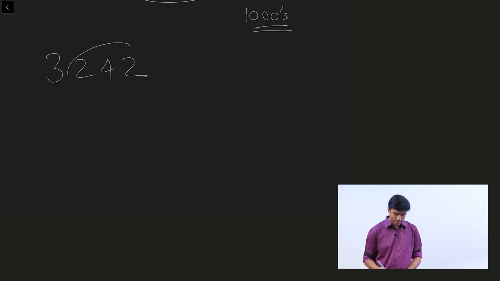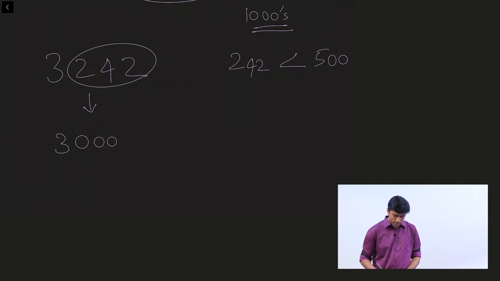Look at the last three digits, 242. Is it less than or greater than 500? It is less than 500. So you round it off to 3,000. Make ones 0, tens 0, hundreds 0 and leave the thousands as it is.